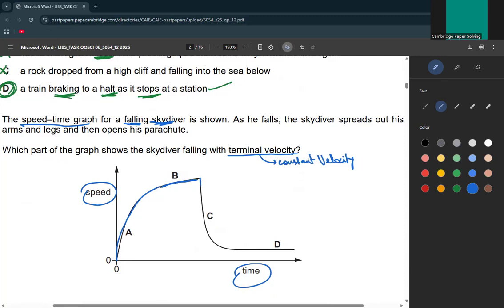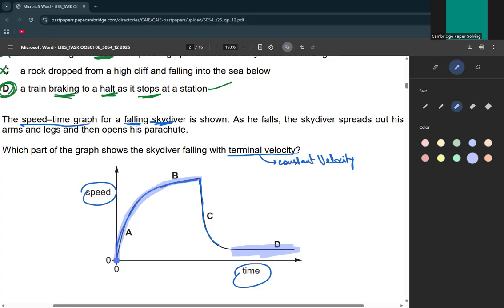Here you can see a drastic decrease, and then it reaches a constant value. So here the speed is increasing but at a decreasing rate.